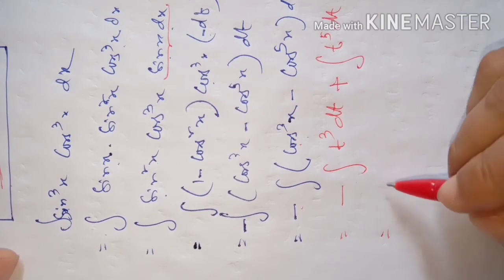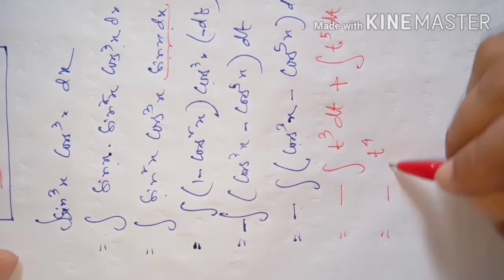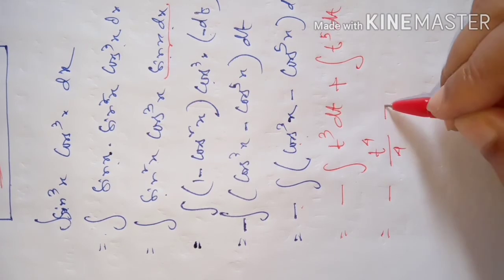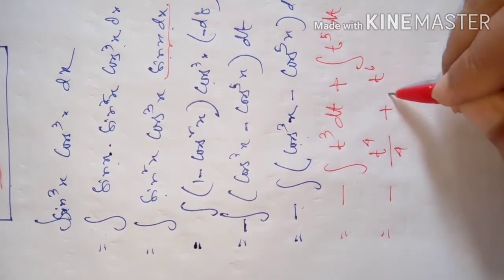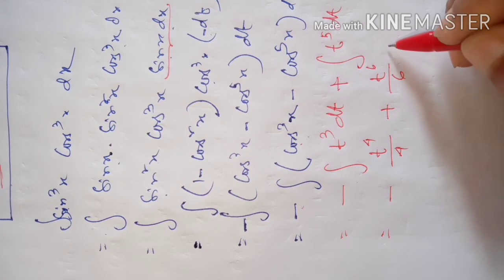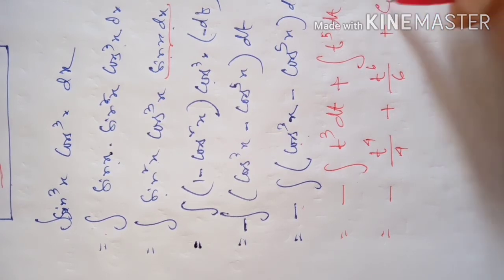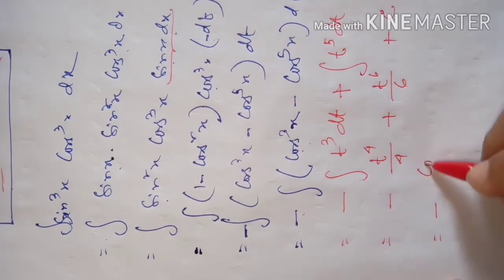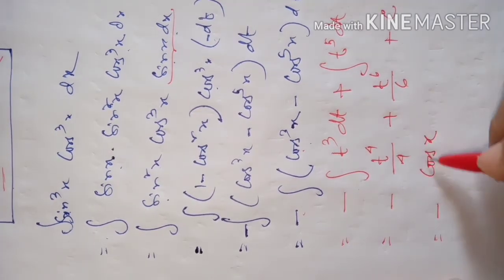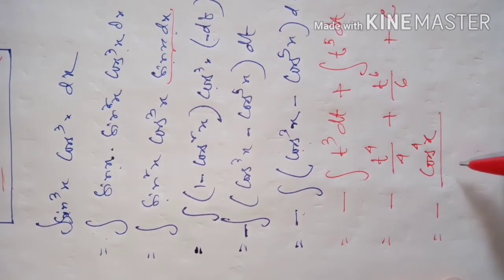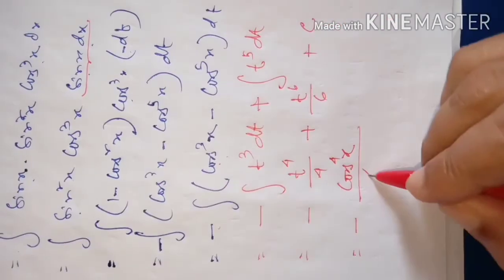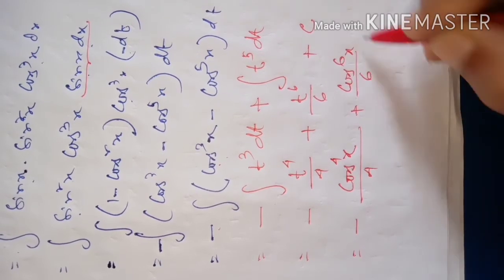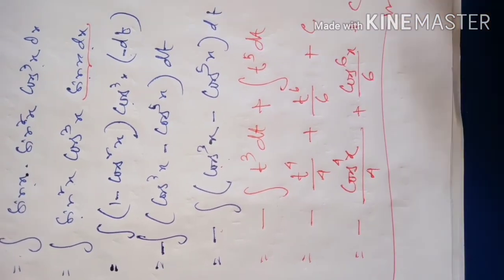Then it will be minus t to the power of 4 by 4 plus c1, plus t to the power of 6 by 6 plus c2, together c. So our final answer will be minus cos to the power of 4 x by 4 plus cos to the power of 6 x by 6 plus c. This is our final answer, dear students.